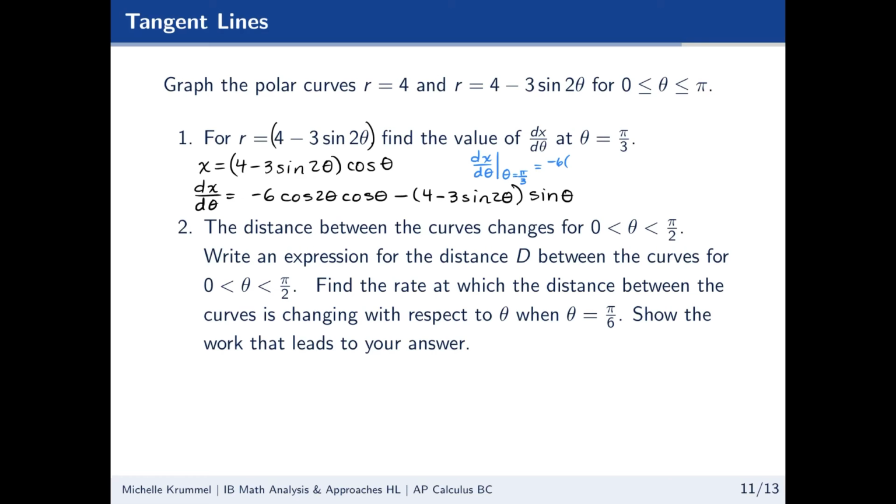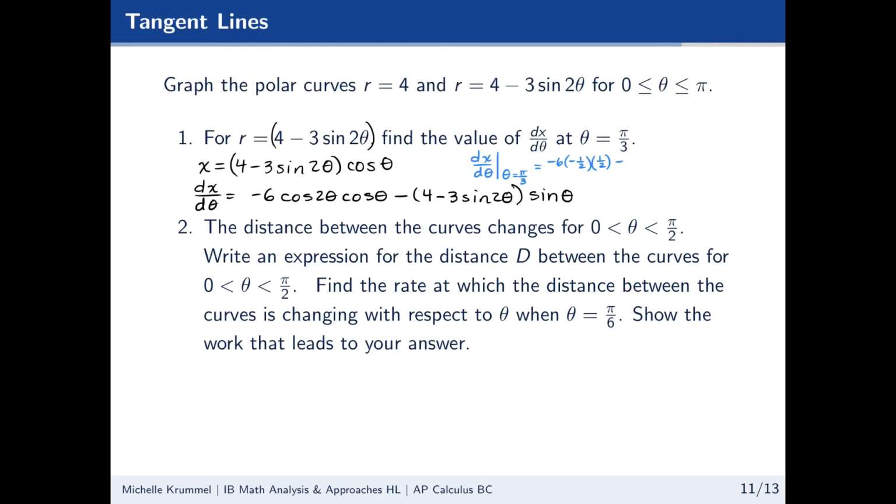The cosine of 2 pi over 3 is negative 1/2 times the cosine of pi over 3. The cosine of pi over 3 is 1/2. Okay, minus 4 minus 3 sine 2 theta.